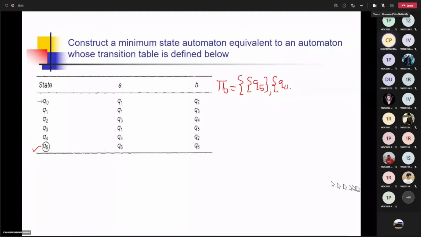So Q0, Q1, Q2, Q3, and Q4 are in one set.